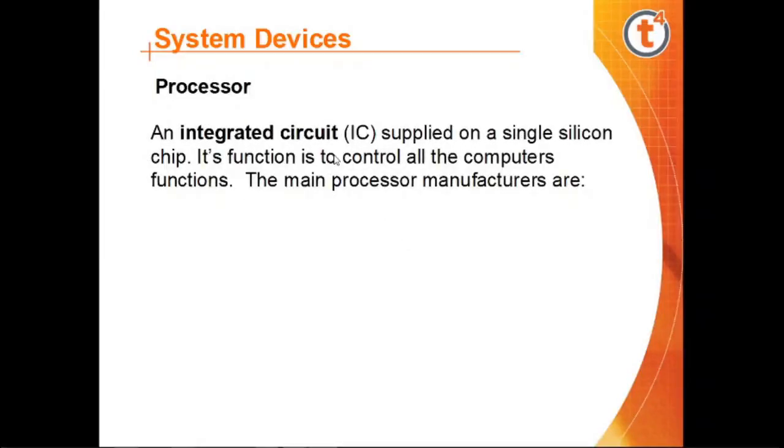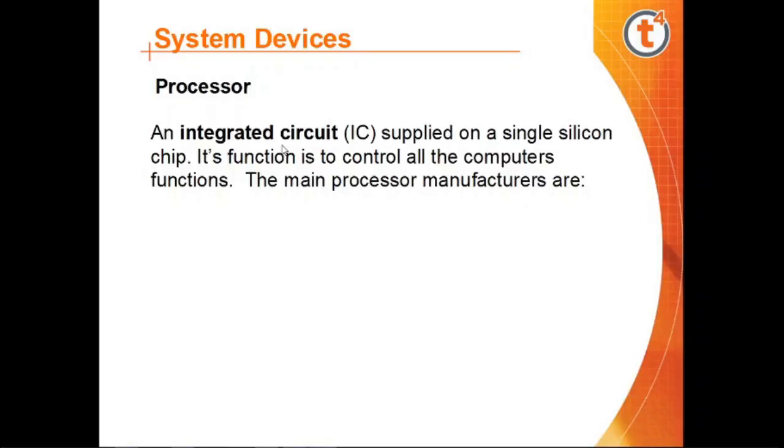Now we are going to start with the processors. An integrated circuit is a small chip that can function as an amplifier, oscillator, timer, or microprocessor, and is made up of silicon.